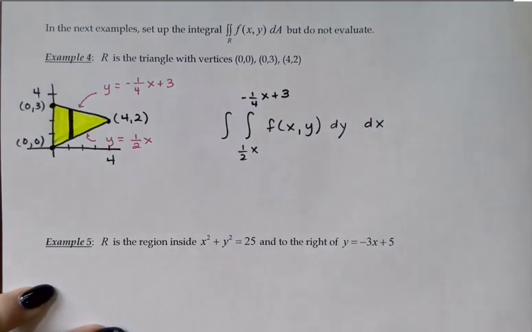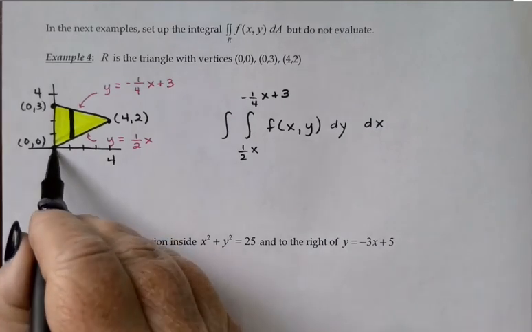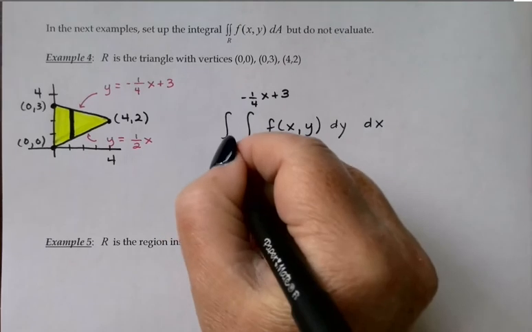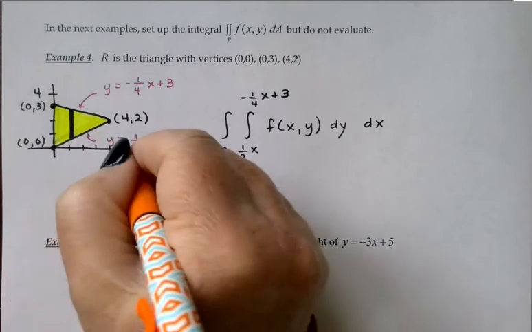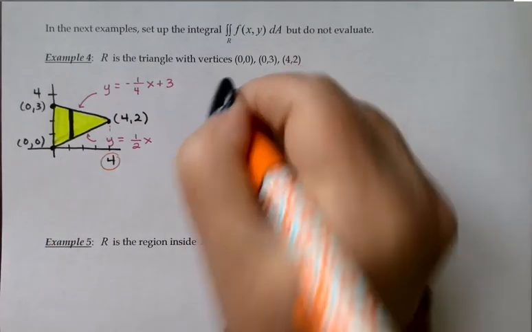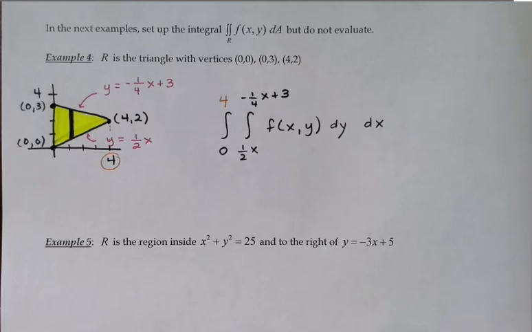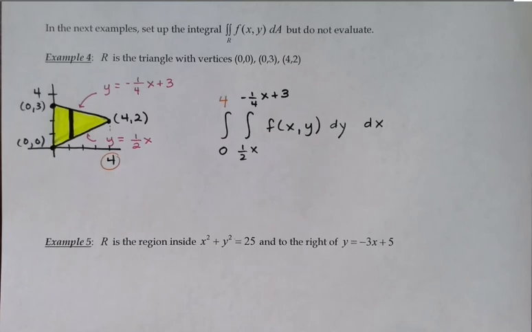We don't have to work too hard for the x values this time. X clearly starts at 0 here. And then this x equals 4 is where everything ends. So I'll stop when I get to 4. And if I actually had a function, this is where I could begin to evaluate.